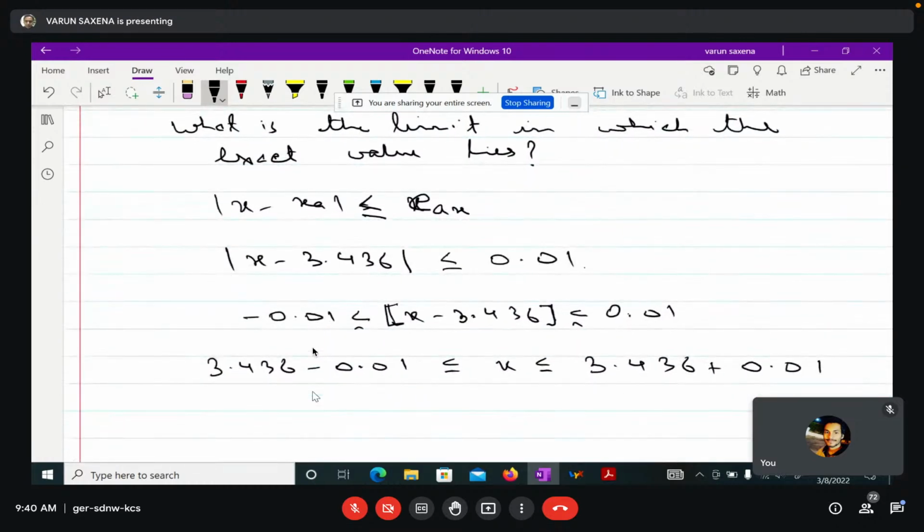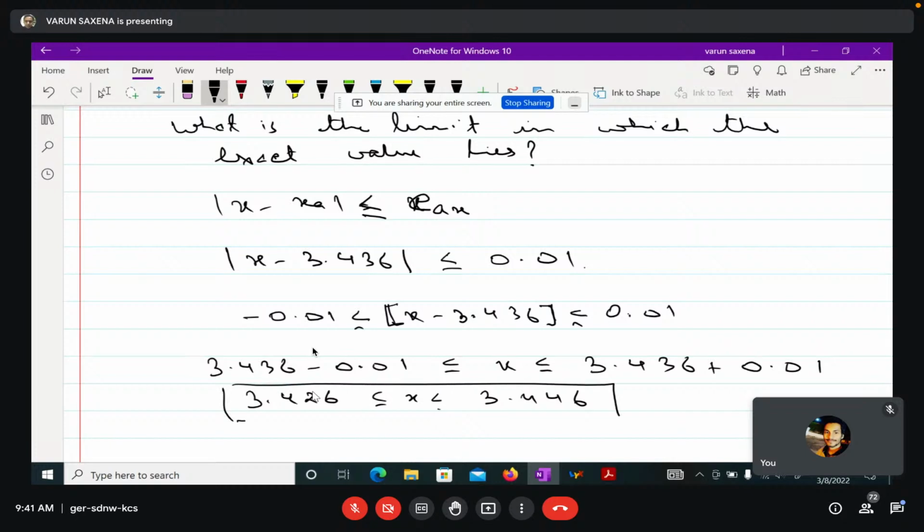So we can evaluate this. This would come out to be 0.01 minus 12, so this would be for 426 x, and this would be 2.446.